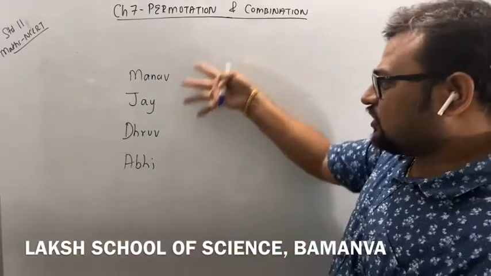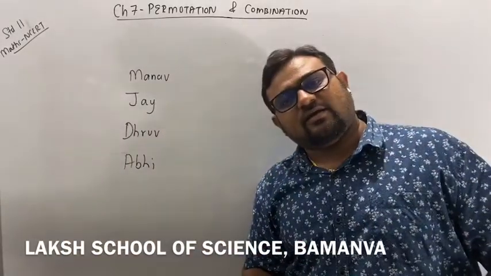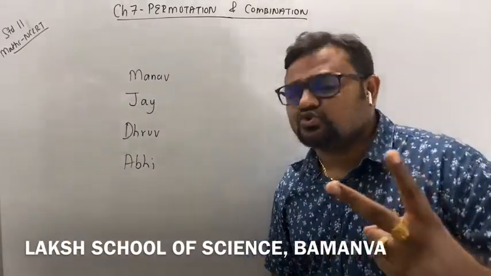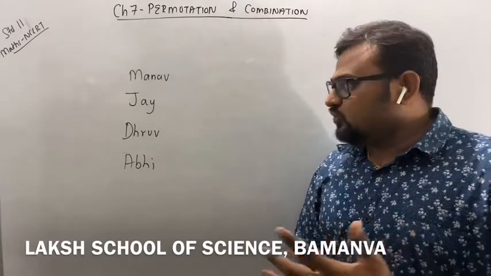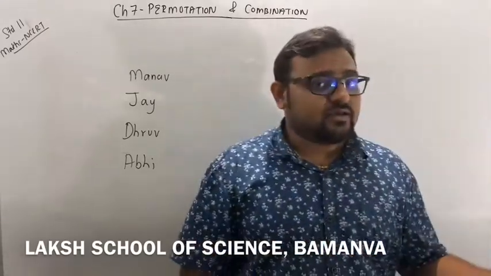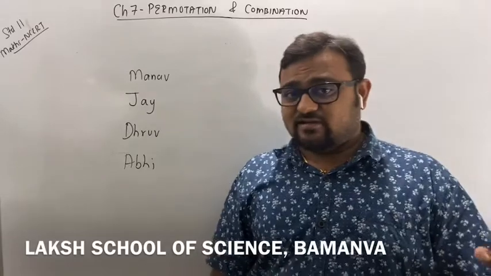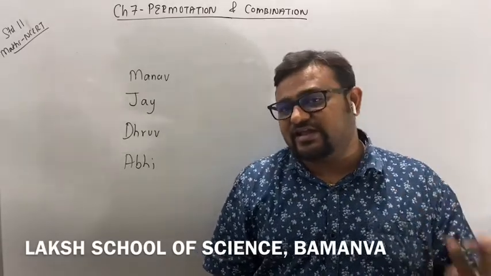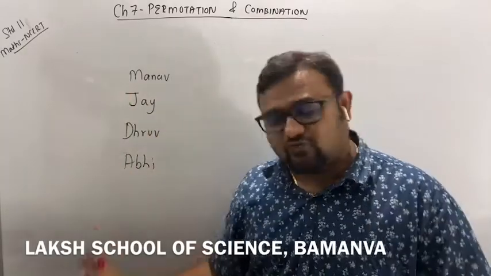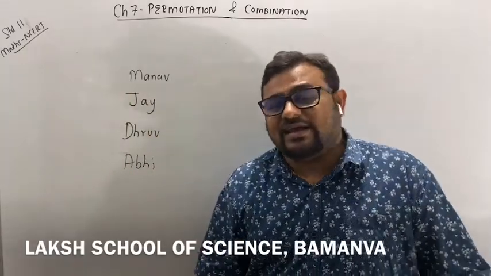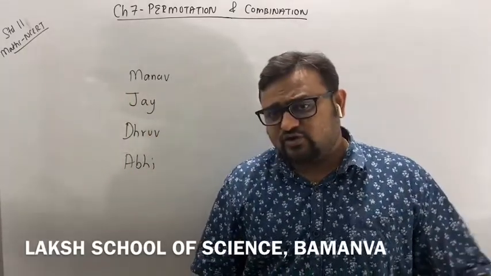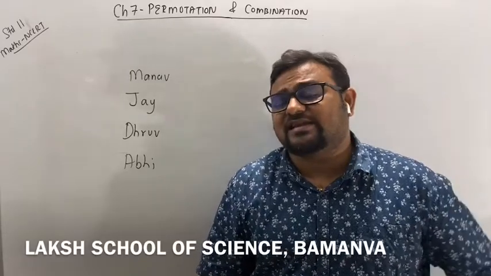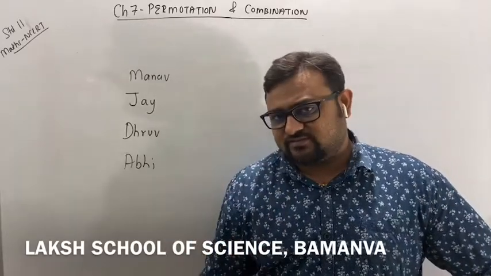Let's say all these four are your friends, and you have to select two. Let's say you want to go for a movie. You have three tickets. One ticket will be for you. Now you have two additional tickets. So you can't take all four of them. You can take any two of them. So in how many ways can you select two of your friends?